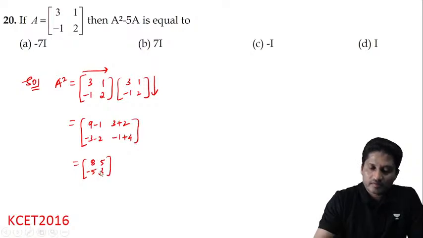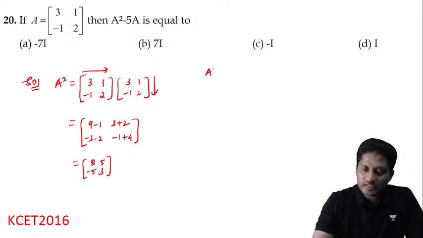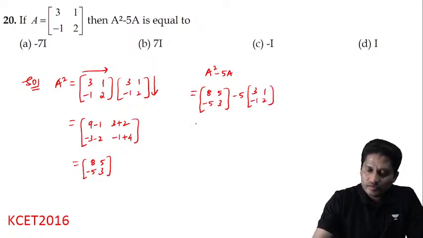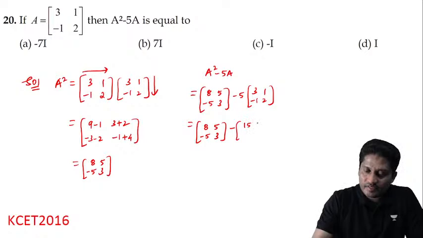A square, supposed to find out what is A square minus 5A. A square is 8, 5, minus 5, 3, minus 5 times matrix A. That is 3, 1, minus 1 and 2. This is 8, 5, minus 5 and 3. 5 if you multiply inside, you get 15, 5, minus 5 and 10.